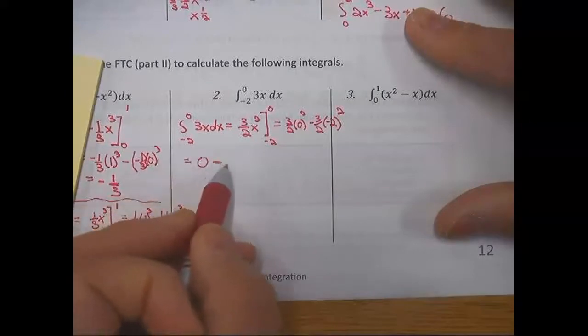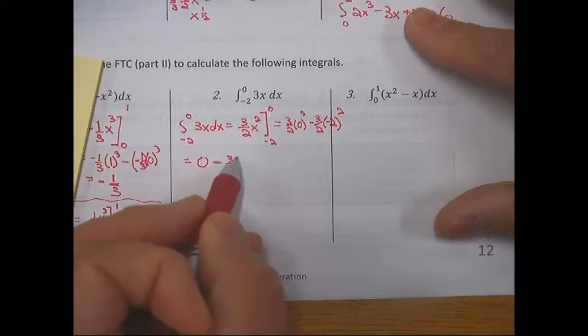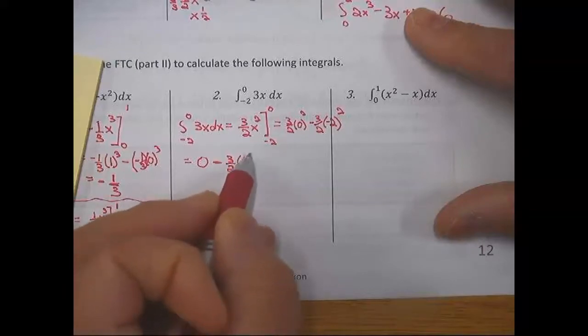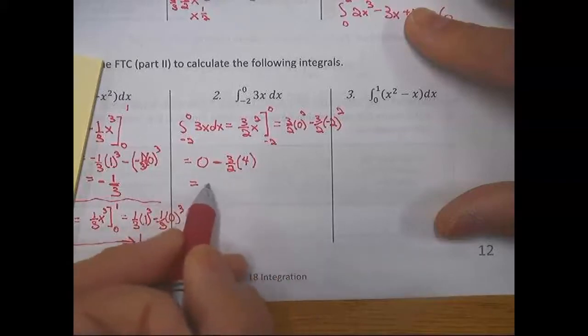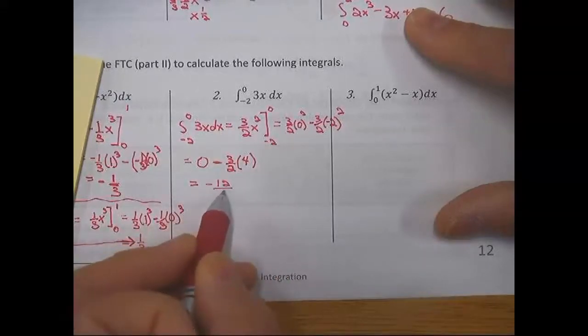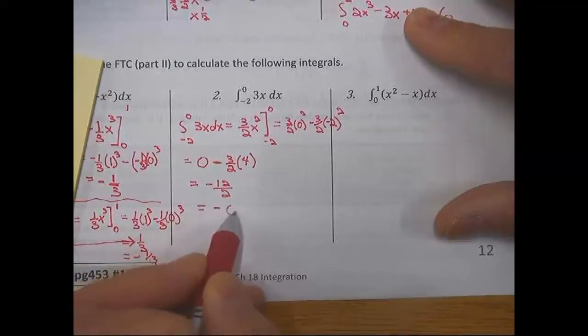Okay, and this would be, let's see, -3/2 times 4. Okay, and that would be -12 over 2, and that would be -6.